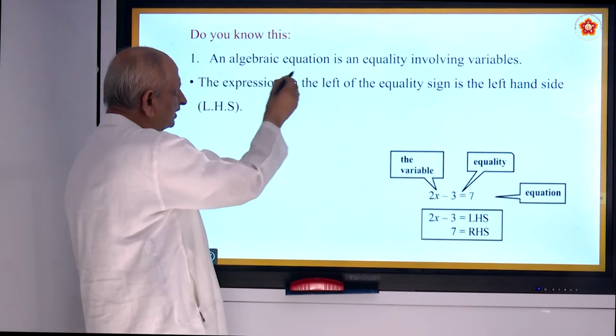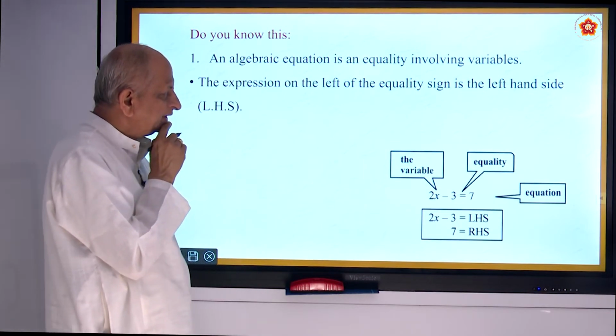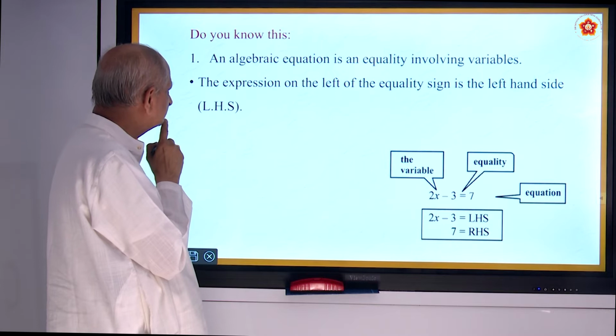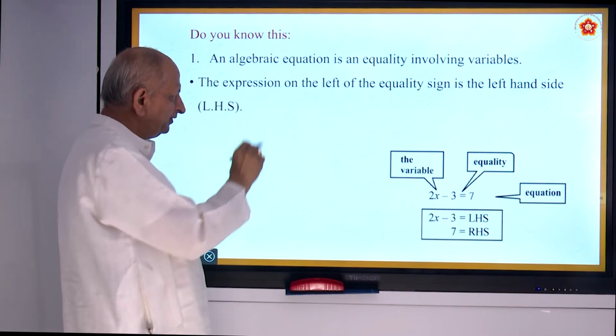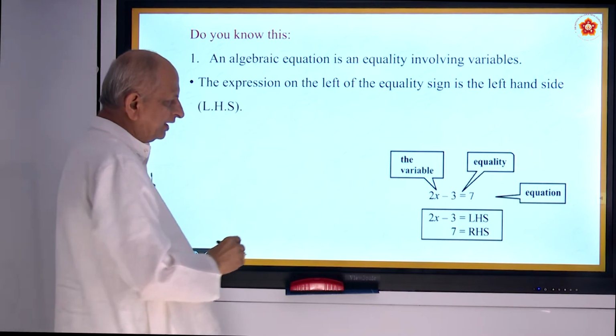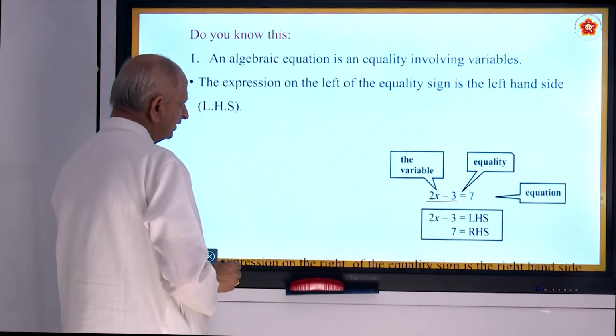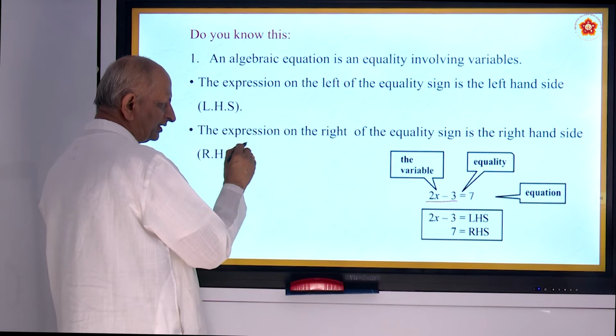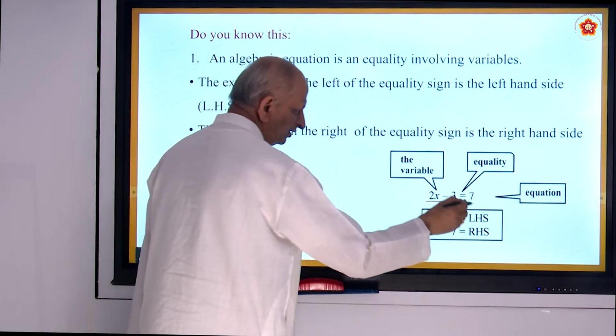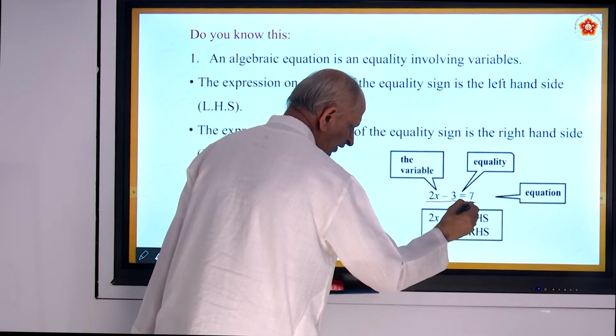So an algebraic equation is an equality involving variables. The expression on the left of the equality sign is called left hand side, and similarly the expression on the right side of the equality sign is called right hand side.